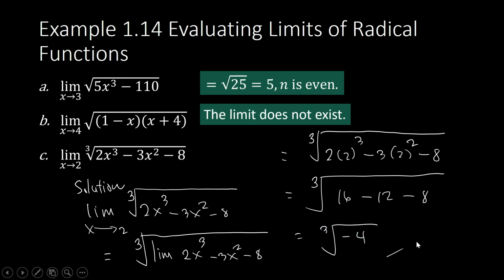So it is equal to the cube root of negative 4. And it is just fine if our radicand is negative because this is a cube root and is not even.